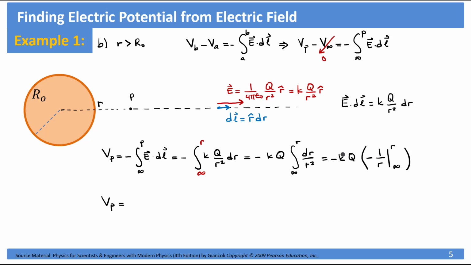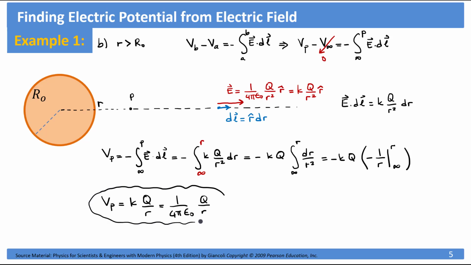Two minus signs here will make our result positive. So apparently the electric potential at point P is nothing but k q over r. Or if you want, you can write this as 1 over 4 pi epsilon 0 q over r. So we find our electric potential outside the conductor as a function of r, when r is larger than r0.